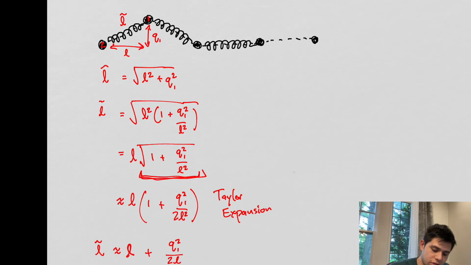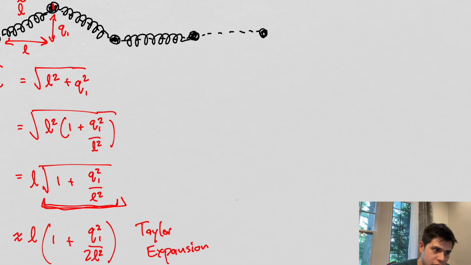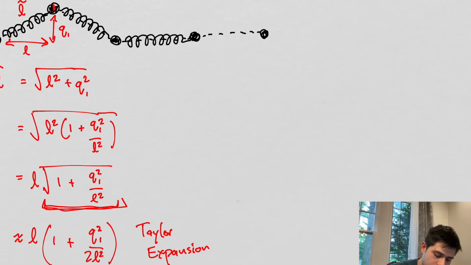And so what does this mean? This means that the potential energy, V, between points 1 and 2 is equal to 1/2 K Q1 squared over 2L, right?